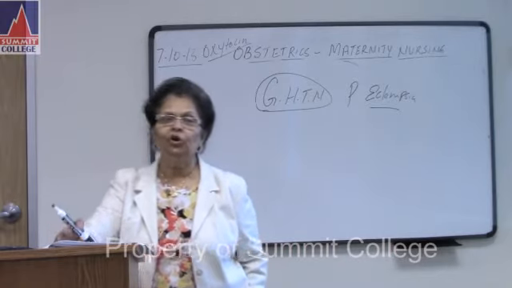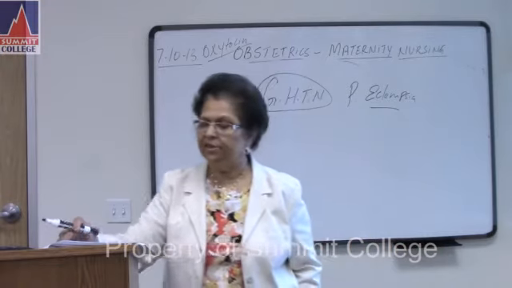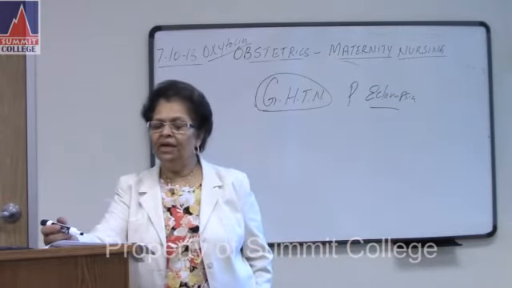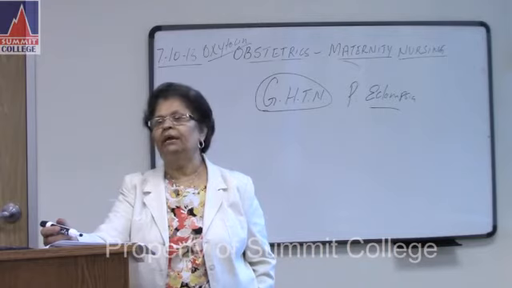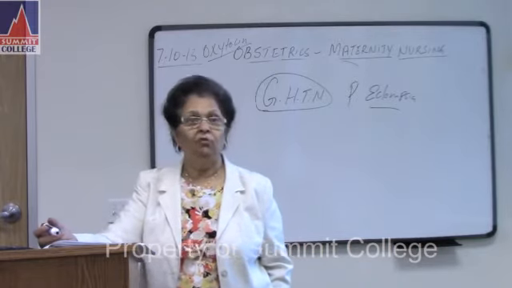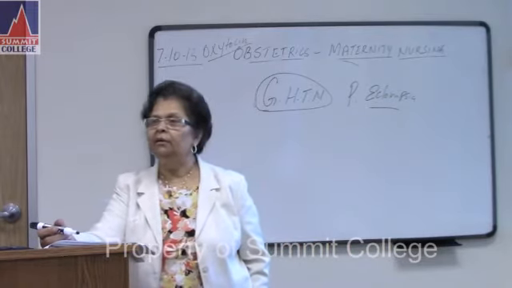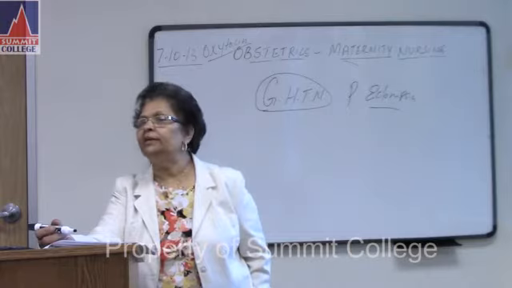What are you controlling in preeclampsia? Seizure. What are we controlling here? Seizure. Then you will go to signs of preeclampsia. What are the signs of preeclampsia? Number 1, hypertension. Number 2, edema. Number 3, proteinuria.